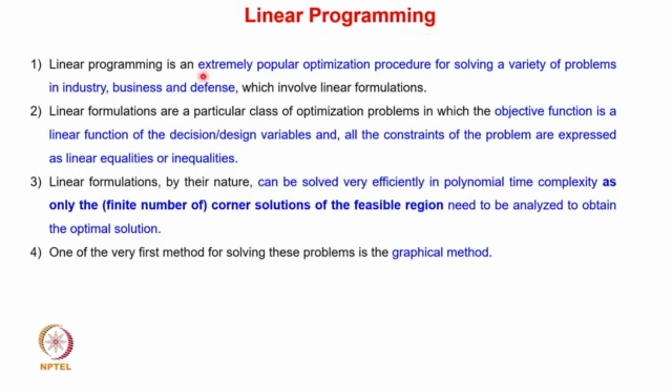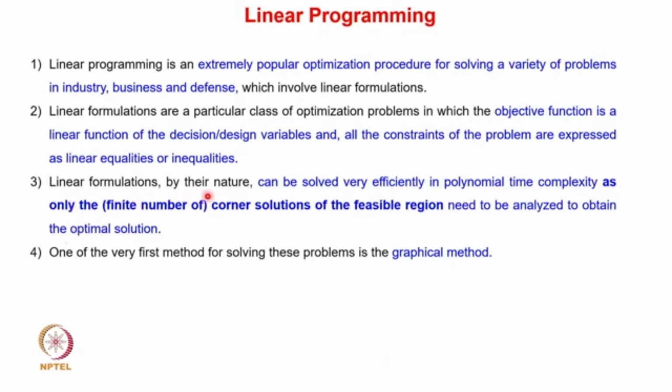So linear programming is an extremely popular optimization procedure for solving a variety of problems in industry, business, defense, which involve linear formulation. Linear formulations are particularly the class of optimization problems where the objective function is linear and your constraints are also linear. Whenever constraints and objective function both are linear, it is referred to as a linear program.